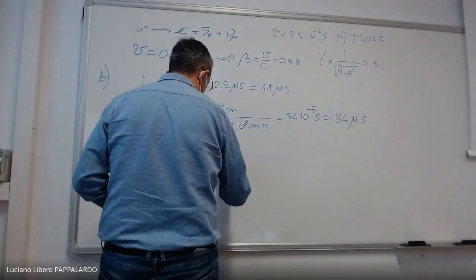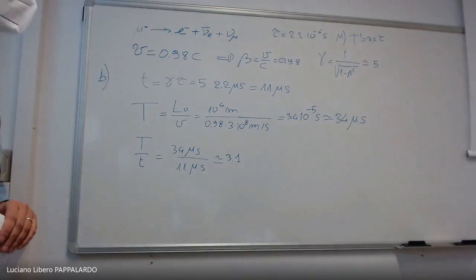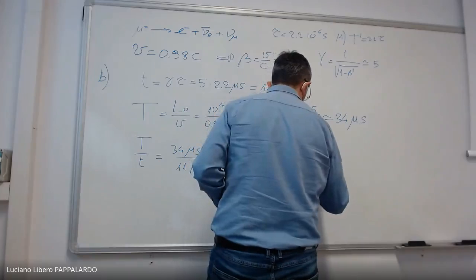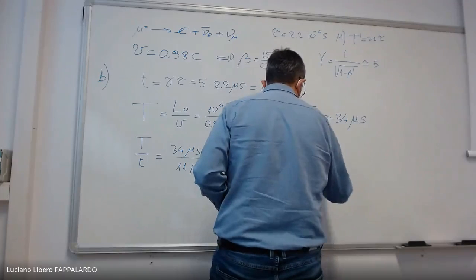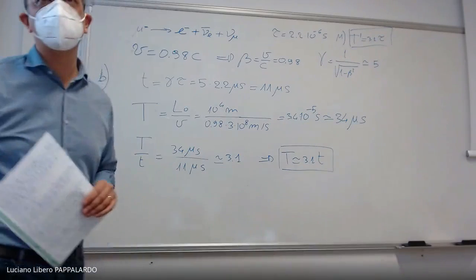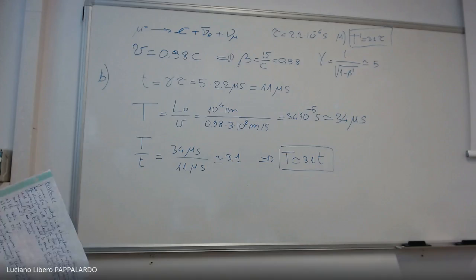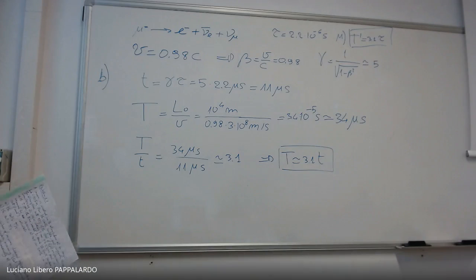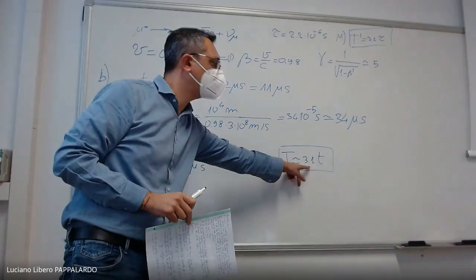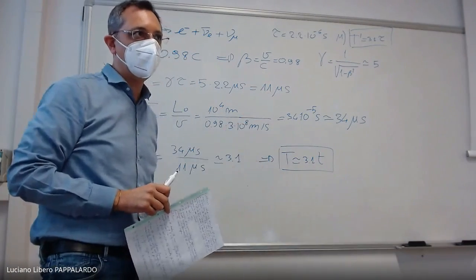That is again 3.1. So again, t is 3.1 times the decay time, also in the case of an observer at rest on Earth. So essentially, the muon sees the atmosphere contracted, the observer on Earth sees the decay time dilated, but they both agree that it takes 3.1 times the decay time to reach the surface. Okay?